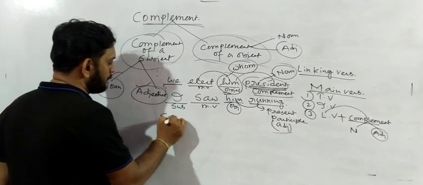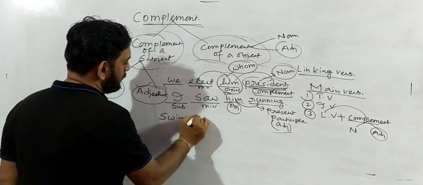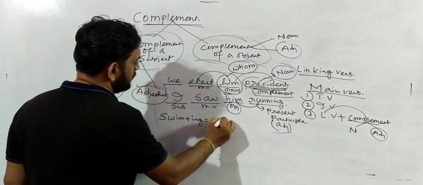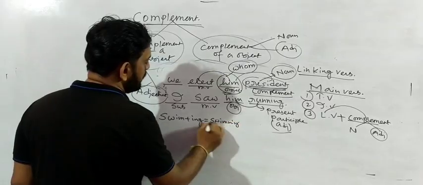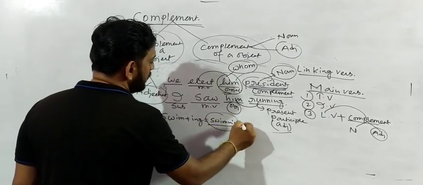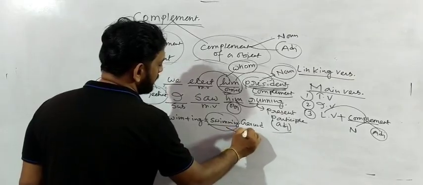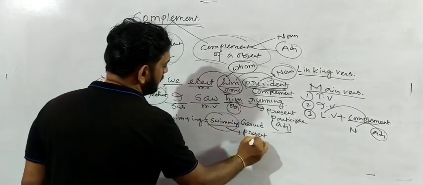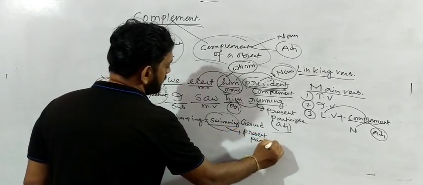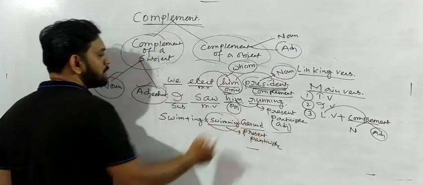Suppose swim. If I write swim, and if I add ing, it becomes swimming. The swimming can be a gerund, and it can also be a present participle. Now it can also be a gerund.